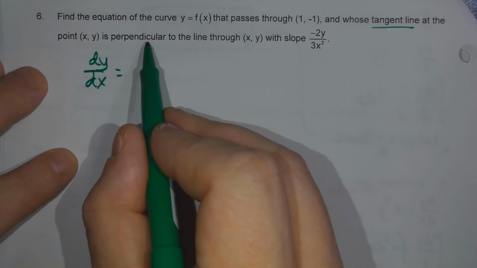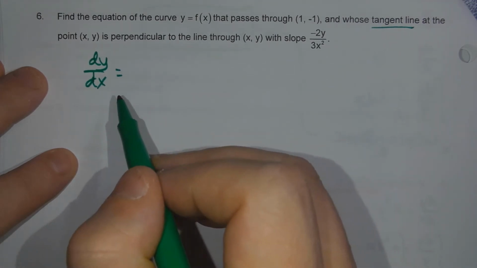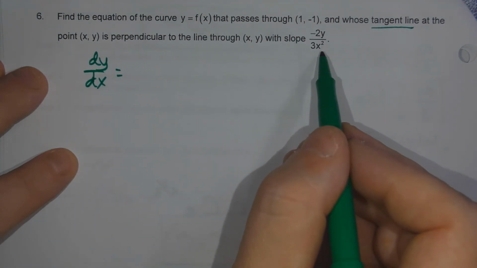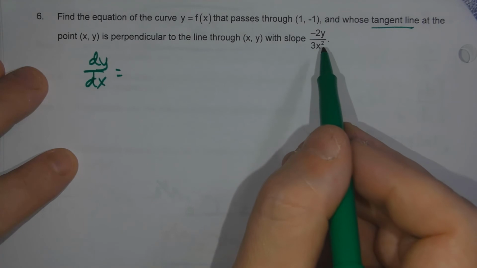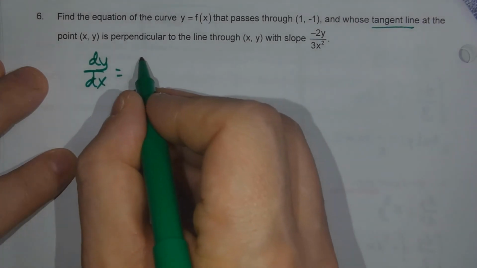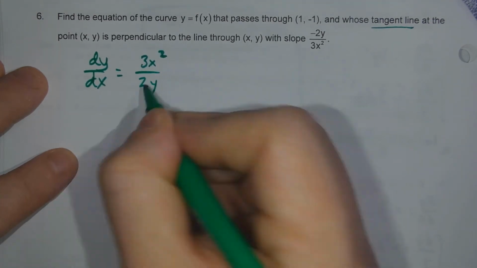Perpendicular means it has the negative reciprocal slope. So I'm going to take my tangent line slope and say that it's perpendicular to this given slope, which means I need to do the negative reciprocal. So I'm going to say dy dx is equal to positive 3x squared over 2y. Right?